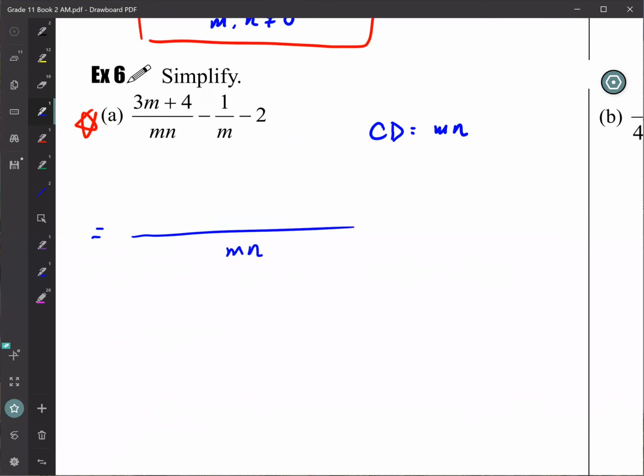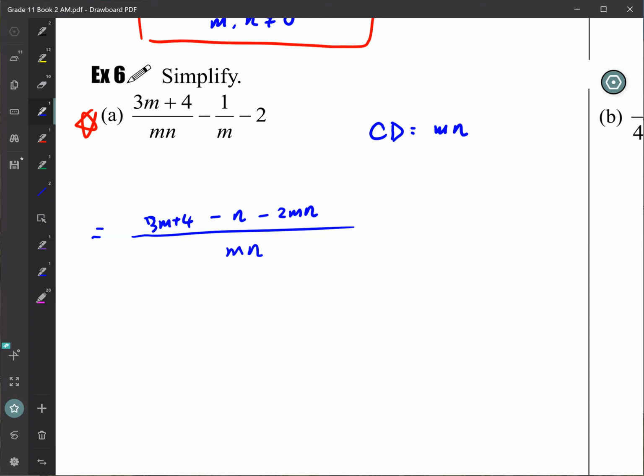I have 3m plus 4 minus n minus 2. Okay, 3m plus 4 minus n, and then minus 2mn. Colin, anything to do after that? I didn't do anything. Okay, there's no like term here, nothing to combine. Oh, I wrote the restriction. Restriction, very good.